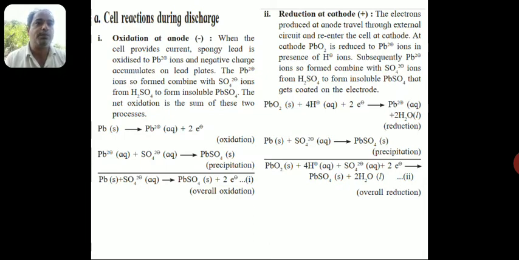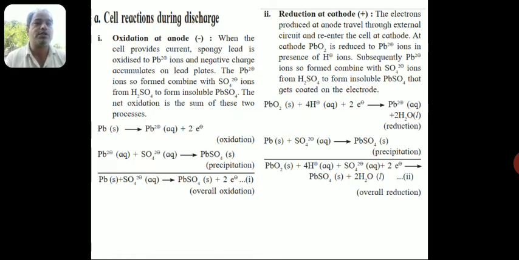At the cathode, PbO2 is reduced to Pb2+ ions. So in the presence of H+ ions, subsequently the Pb2+ ions so formed combine with SO4 2- ions from H2SO4 to form insoluble PbSO4. That means again the final product is also PbSO4.